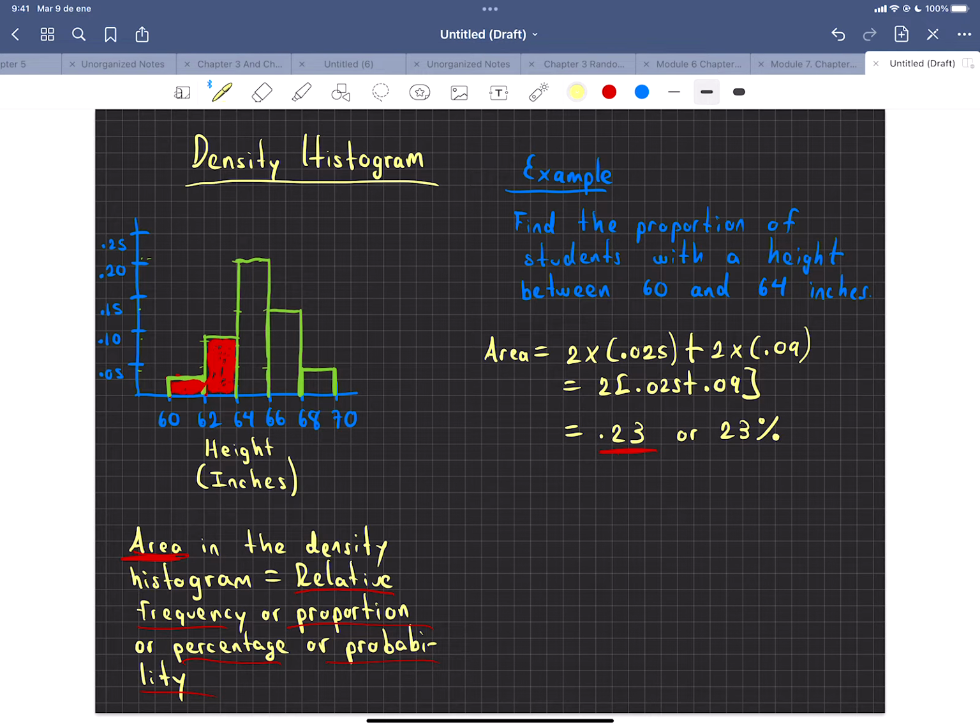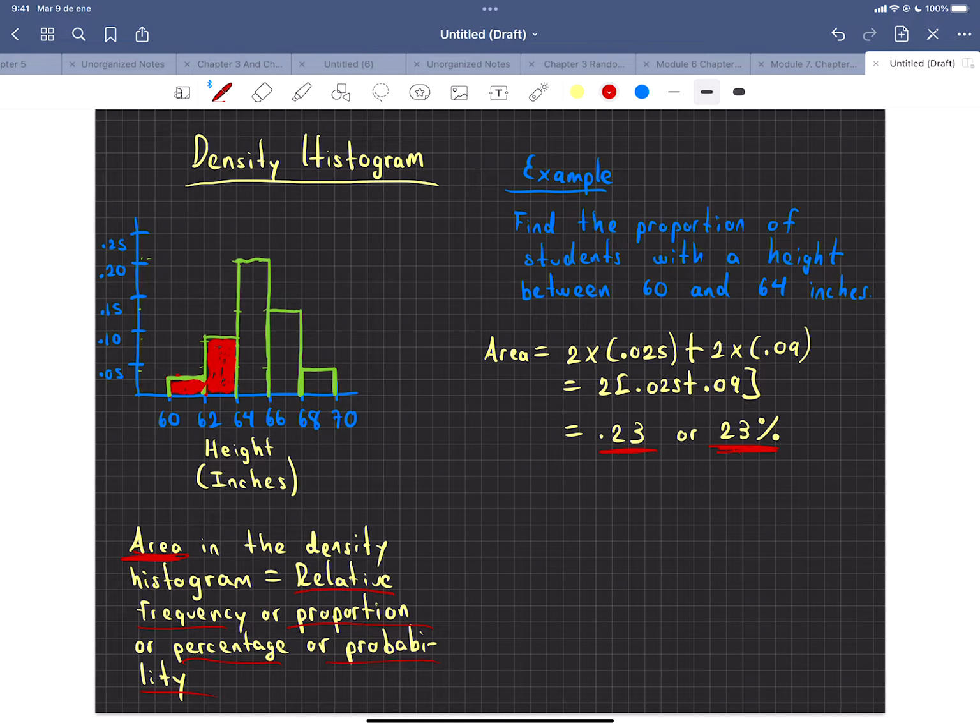You see? So what is the proportion of students with a height between 60 and 64 inches? 23%.